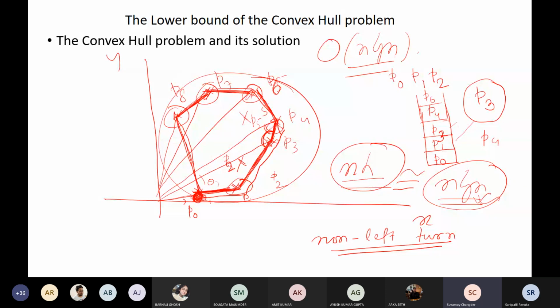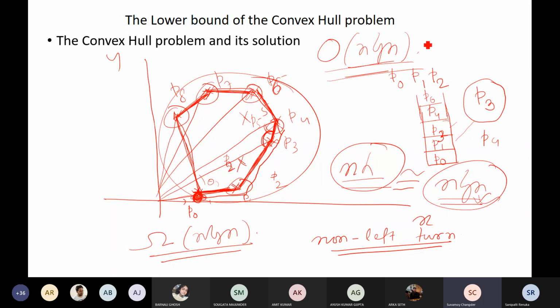Now the question is: what is the lower bound for this? This is the upper bound, the maximum time that can be taken. This is fine. But whether the lower bound is n log n or not, that means is there any method whose time complexity is less than n log n to solve the convex hull problem or not? That is the main query.